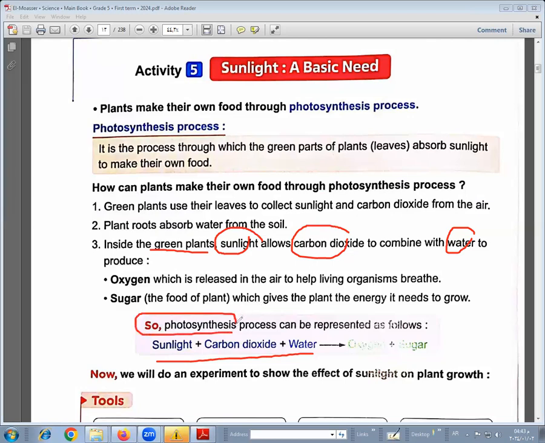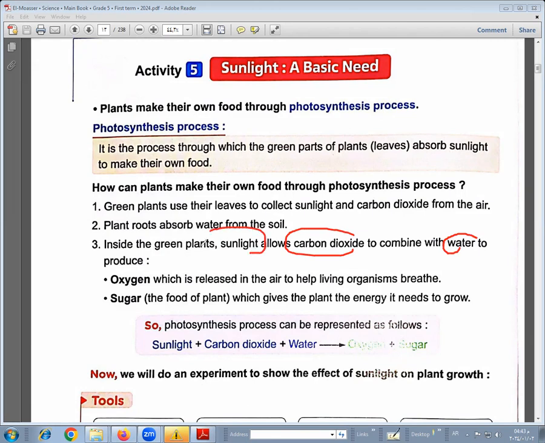Plants will make the photosynthesis process to give us oxygen and also sugar. So what are the products of photosynthesis after combining carbon dioxide with water with sunlight? Now we will get oxygen and sugar.